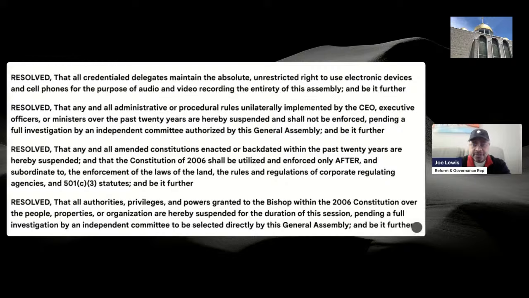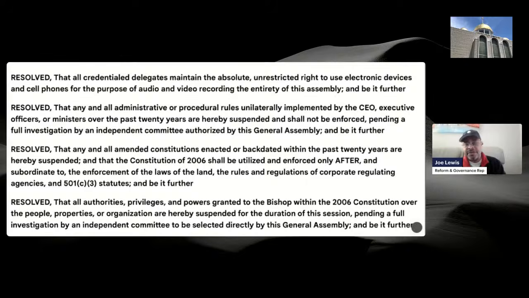And be it further resolved that any and all administrative or procedural rules unilaterally implemented by the CEO, executive officers, or ministers over the past 20 years are hereby suspended and shall not be enforced pending a full investigation by an independent committee authorized by this General Assembly.